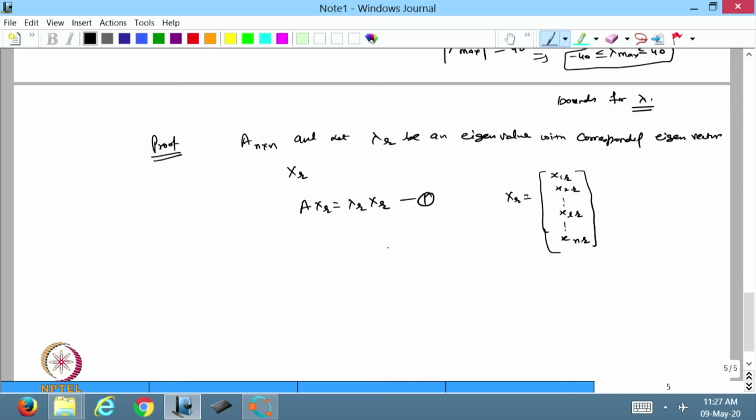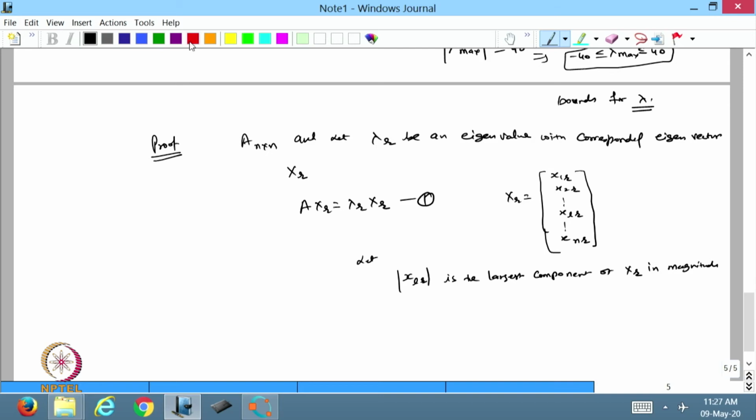Now, let the modulus of x l r be the largest component of x r in magnitude.